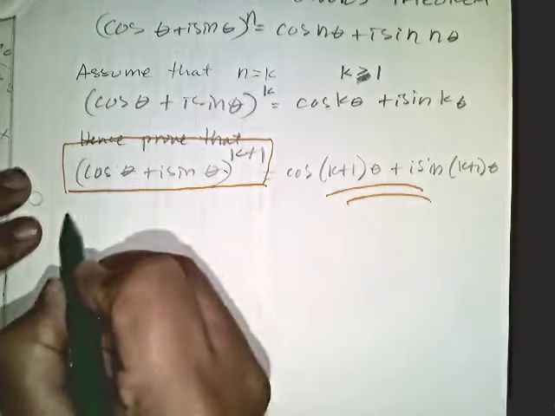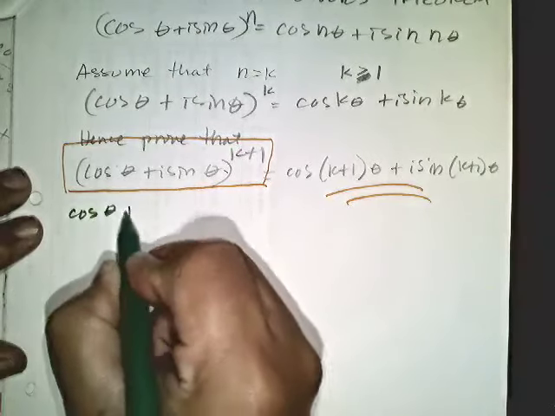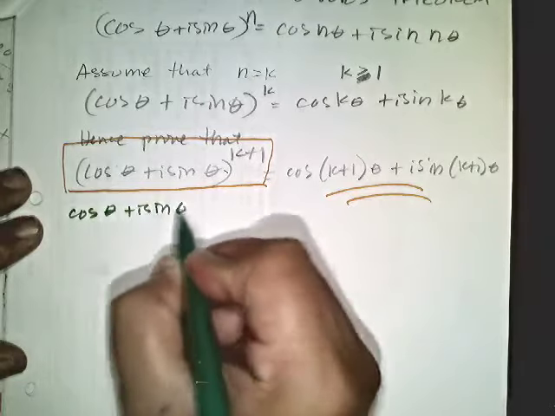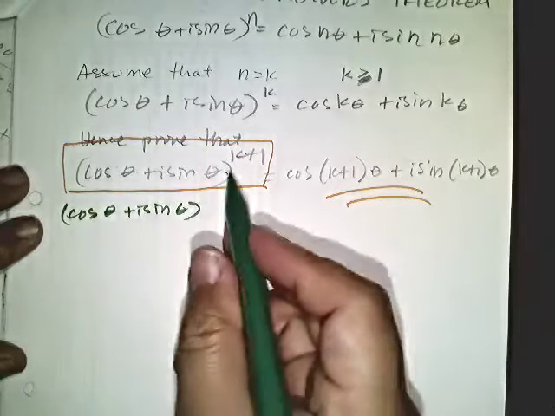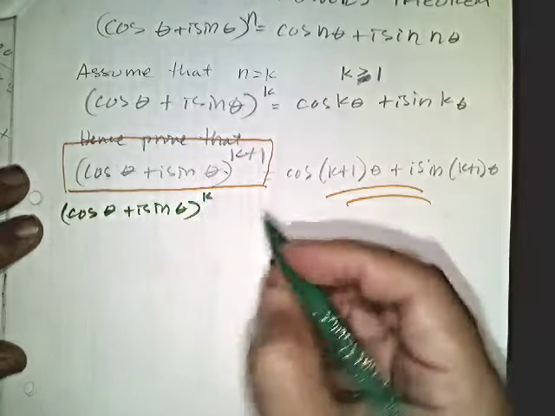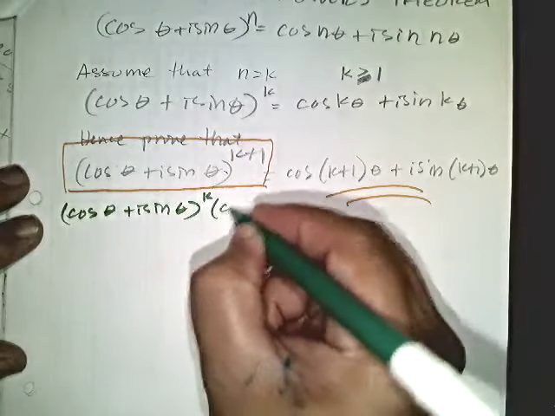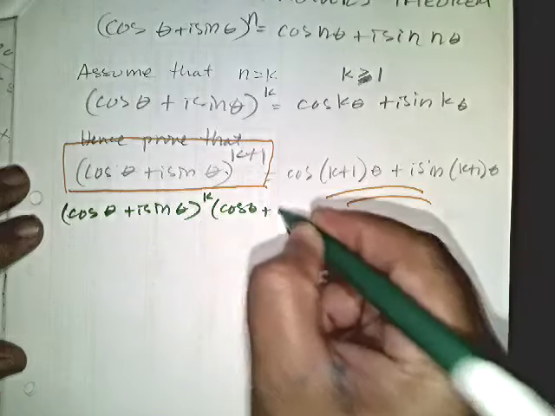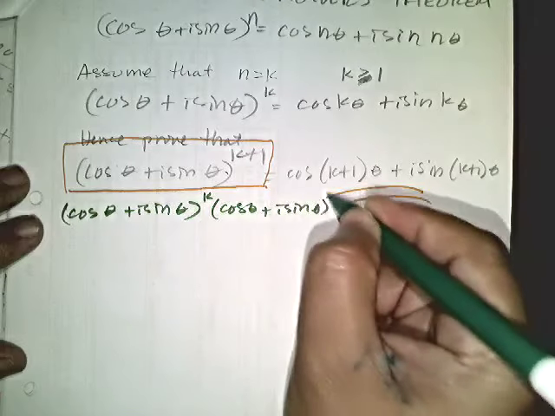By using the laws of exponent, we can separate (cosine of theta plus i sine of theta) raised to k, times (cosine of theta plus i sine of theta) raised to 1.